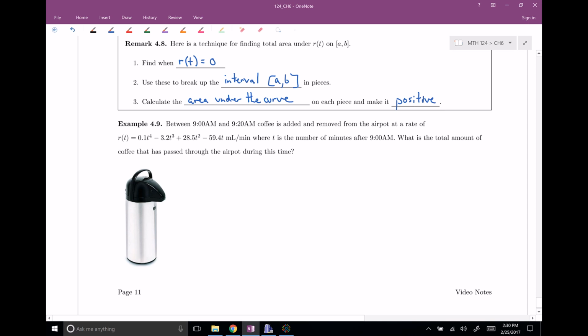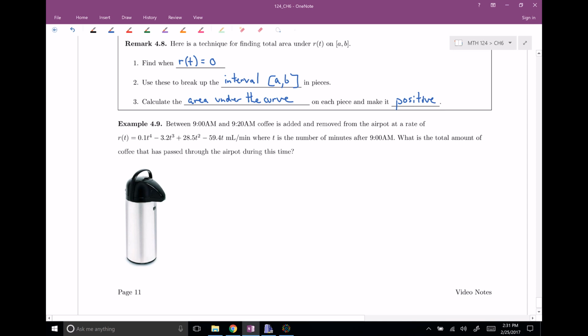So coffee is added and removed to our air pot here at this rate of 0.1 t to the fourth minus 3.2 t cubed plus 28.5 t squared minus 59.4 t, and this is in milliliters per minute, where t is the number of minutes after 9 a.m. Sometimes people are taking out coffee, putting it in their cup. Other times, once it gets close to empty, you start refilling it. So sometimes coffee's being added, sometimes coffee's being taken away.